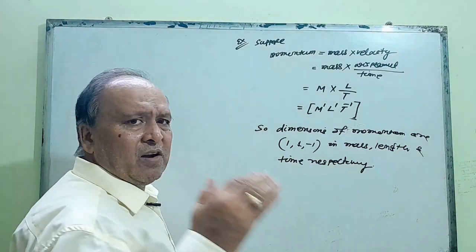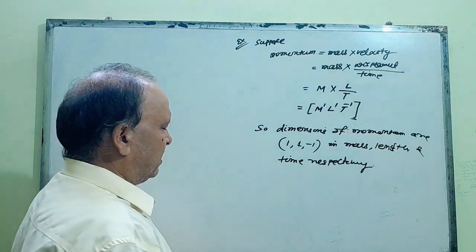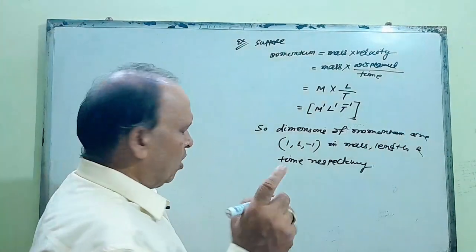when we write the dimensions of a physical quantity, we use the following symbols.